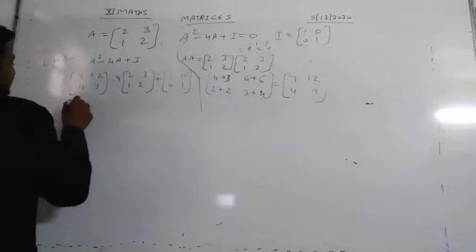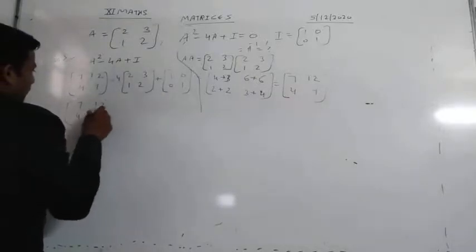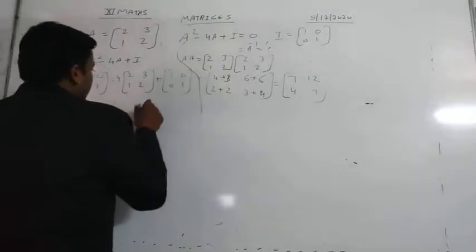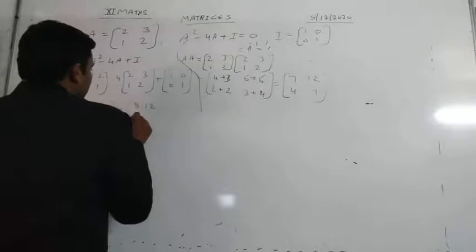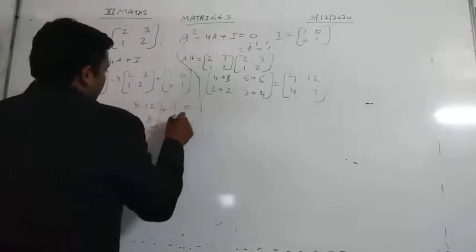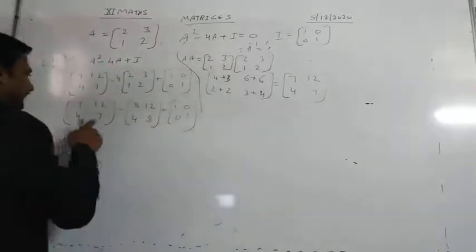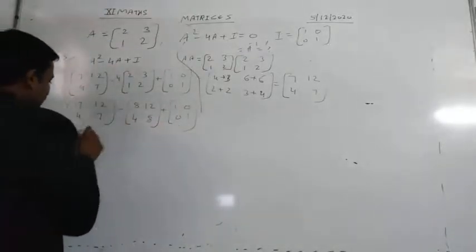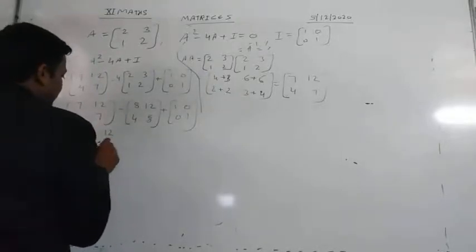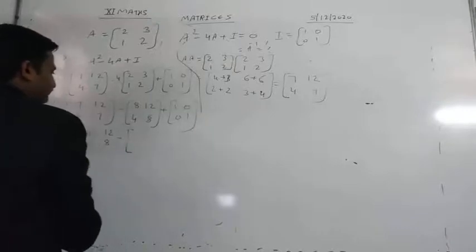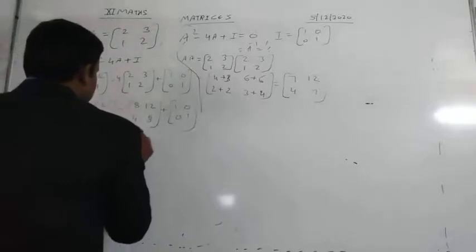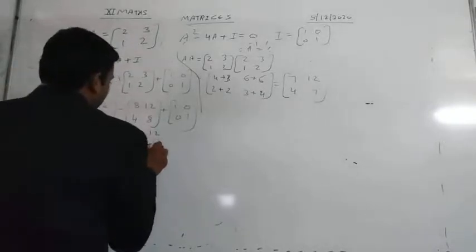So 7, 12, 4, 7 minus 4 times A, which is 8, 12, 4, 8, and plus 1, 0, 0, 1. Now add these. Here it is 8, 12, 4, 8.